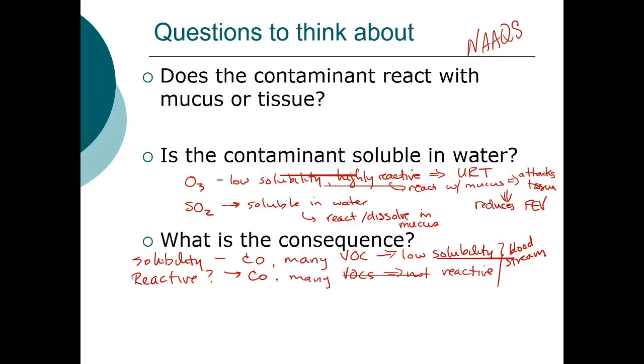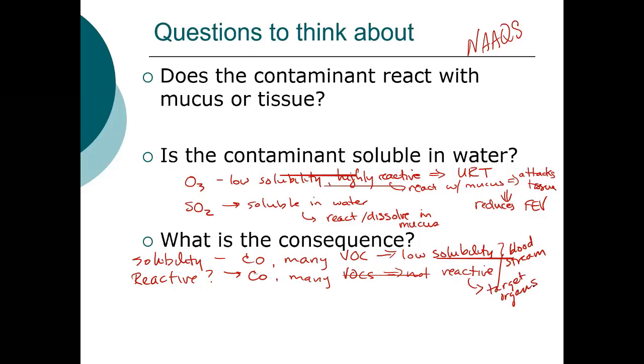Carbon monoxide actually binds to hemoglobin better than oxygen does. So it will preferentially bind over oxygen. Blood becomes deoxygenated, and that's how people suffocate from carbon monoxide. VOCs get into the bloodstream, and these are often transported to target organs.